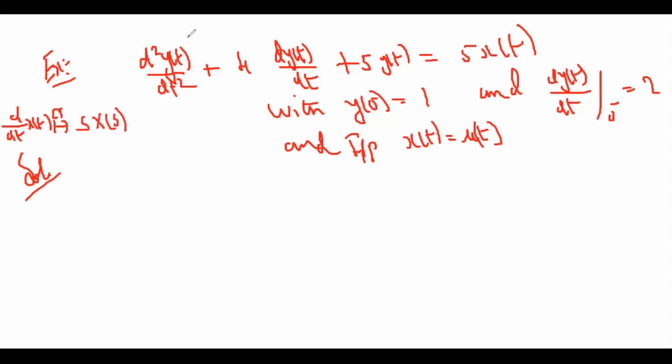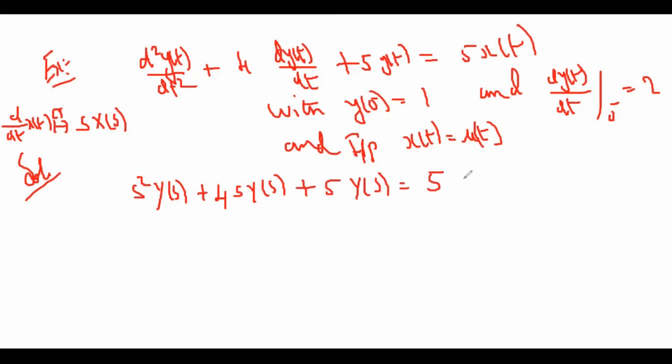If it is a square, I am applying the square: s square into y of s, plus 4 into dy of t by dt is s into y of s, plus 5 into y of s is equal to 5 into x of t.